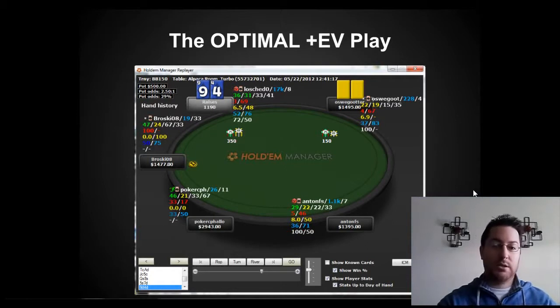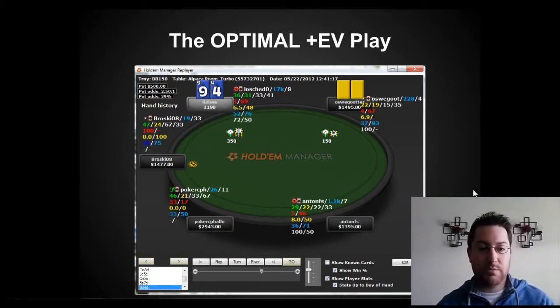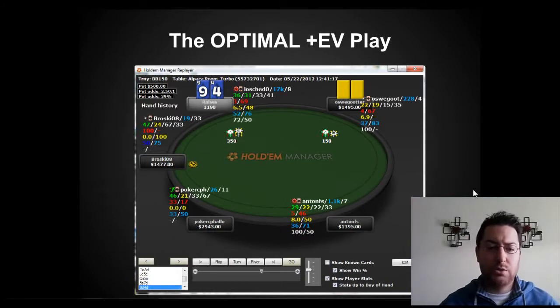What I've done is I've risked 350 chips total, or I should say 300 more chips, to win the same pot. So isn't that what we would rather do? Risk less to win the same amount?